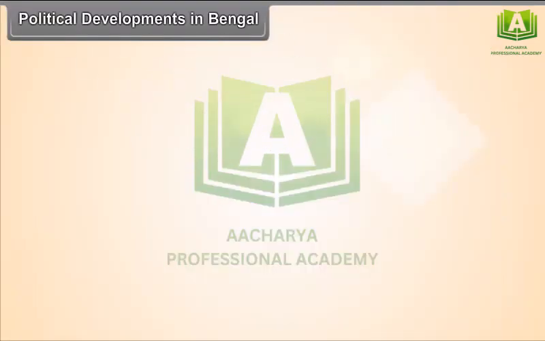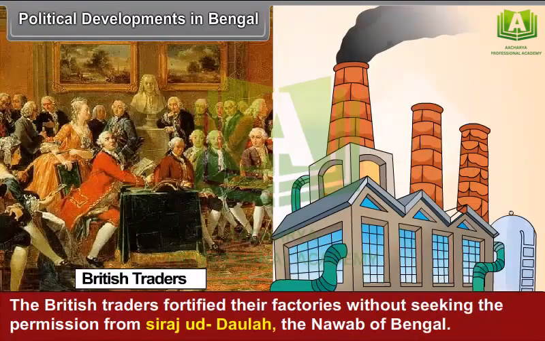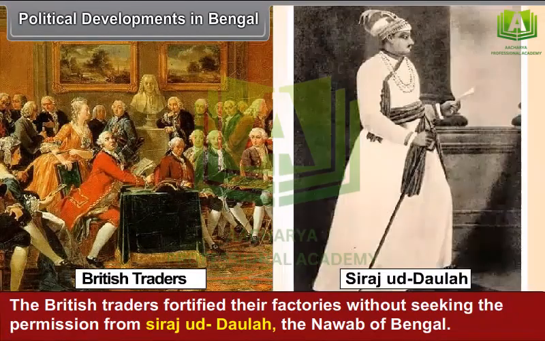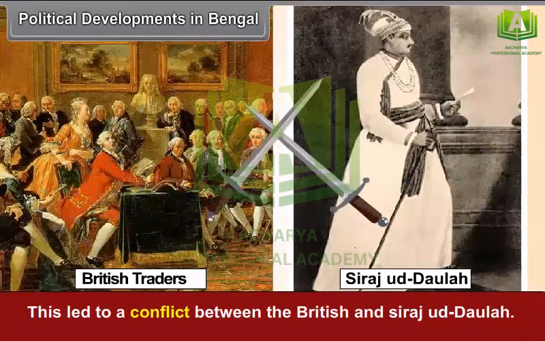Political developments in Bengal. The British and the French traders began to misuse the trade concessions granted to them by the Indian rulers. The British traders fortified their factories without seeking the permission from Siraj-ud-Dawla, the Nawab of Bengal. This led to a conflict between the British and Siraj-ud-Dawla.